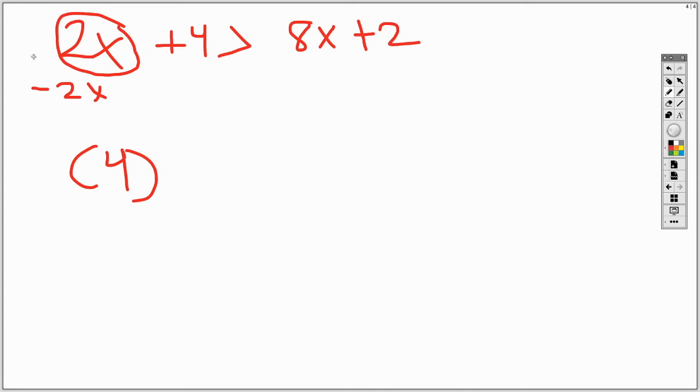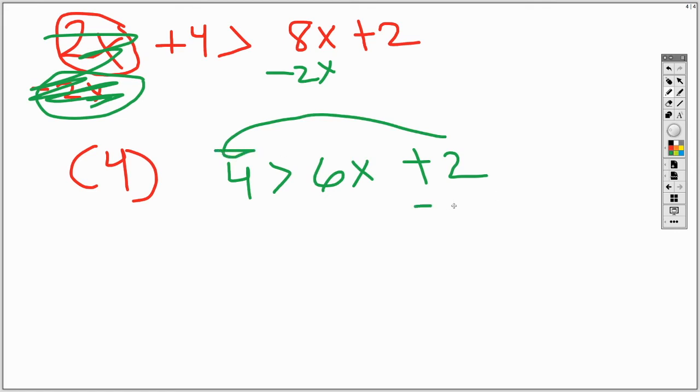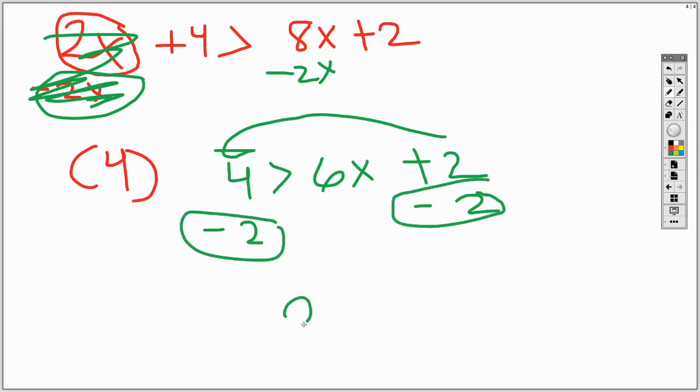What you do on one side, you've got to do on the other, so minus 2x. You'd get 4 is less than 6x plus 2. Then you would move the 2 here, so minus 2, to get 0. And your answer would be 2 is less than 6x.